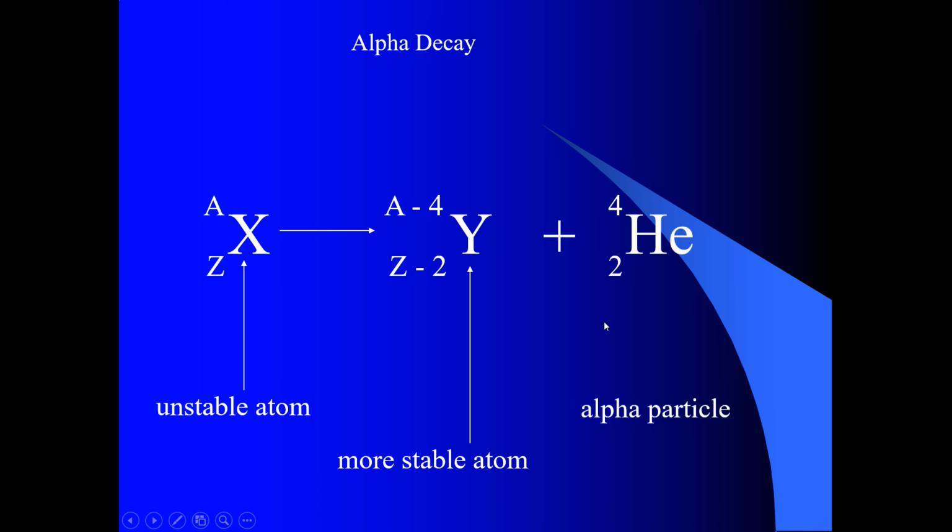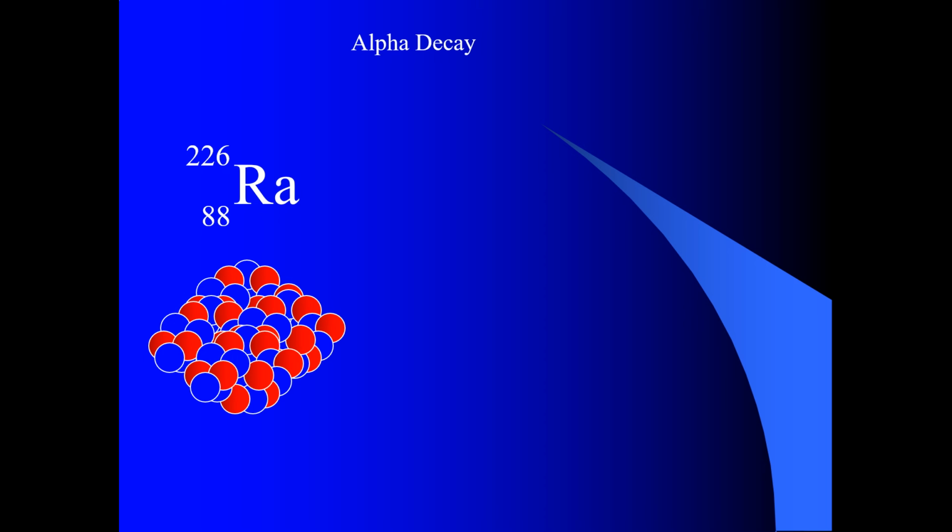Plus, we have the alpha particle, which we denote by the helium nucleus, that is atomic number 2 and atomic mass equal to 4. So these are the typical equations we write for alpha decay, the general equations. So what are the practical examples for alpha decay? For example, we have a radium atom. Radium has atomic number 88 and atomic mass equal to 226.